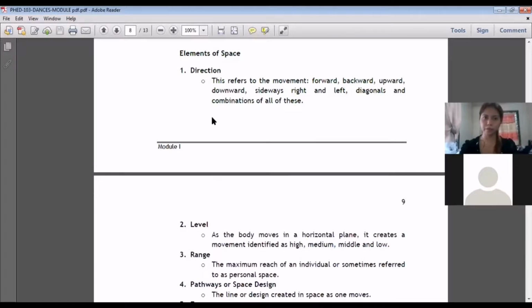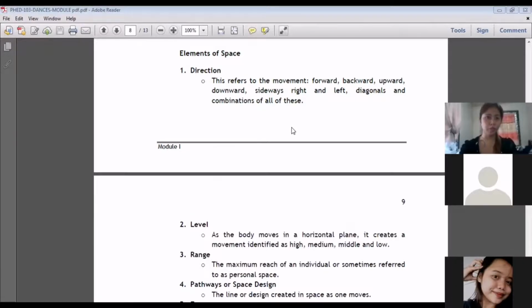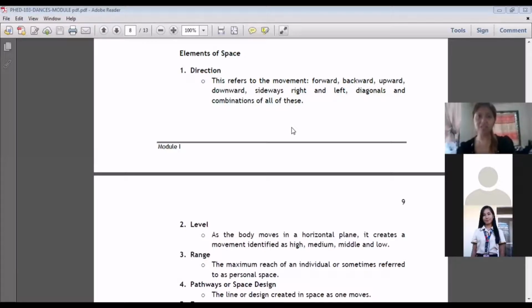Direction. What are the different directions that we usually use when we dance? We have forward, backward, sideward, upward, downward, diagonal, and also combinations of this one. So, bakit importante ito? Mas madaling malaman nyo ang mga ito.